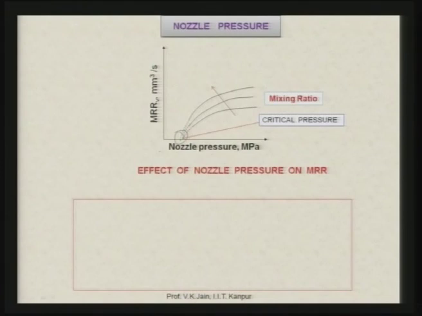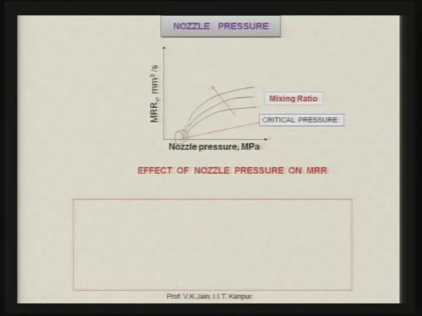Only above that kinetic energy will it start penetrating and removing material. So, all workpiece materials need a certain critical pressure, and it will be different for different workpiece materials. To some extent it may also depend on the size of the abrasive particles.